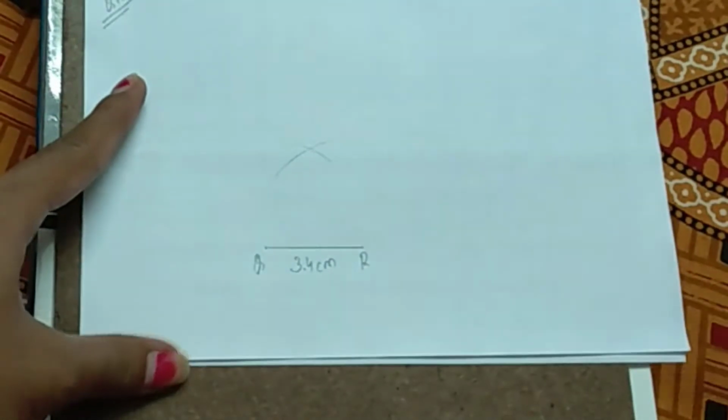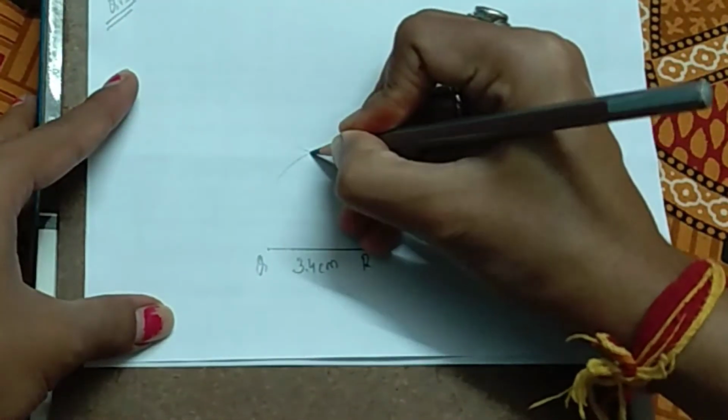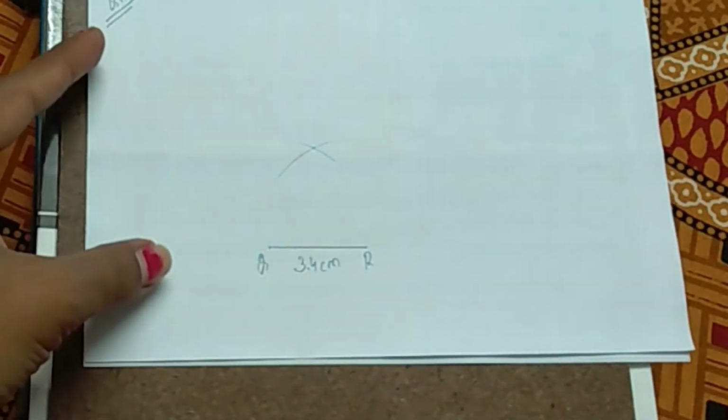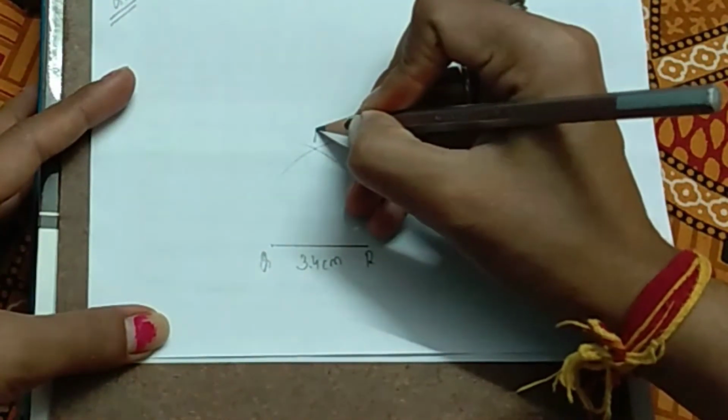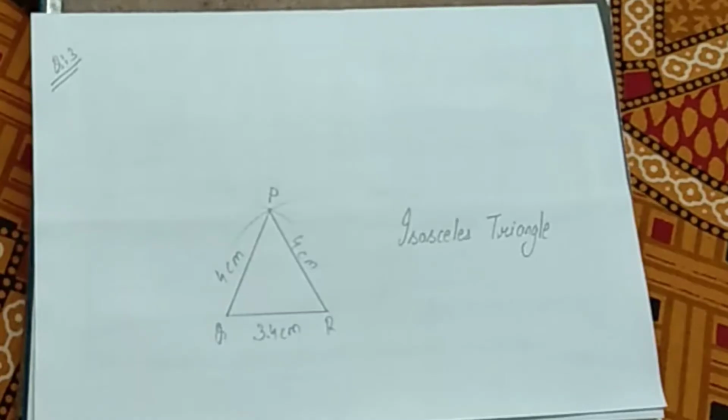And we get our point of intersection for both the arcs, and this will be our third point, which is P. So now let's join PQ and PR.